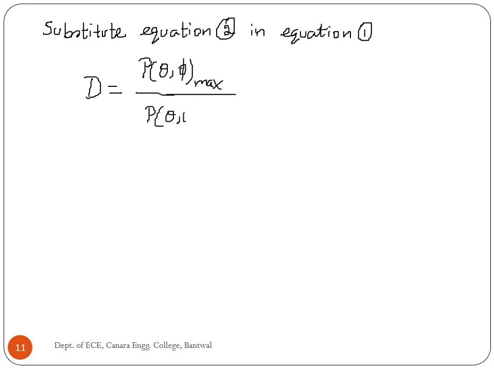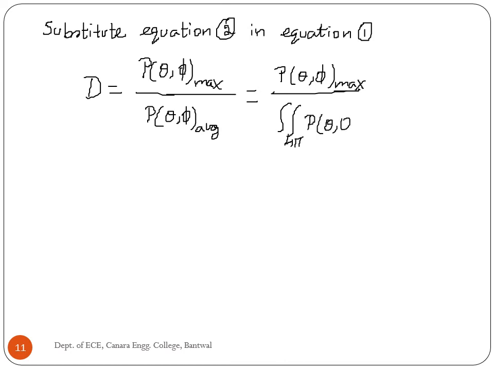This is the first equation. So the average power is substituted into the expression: integral of the power over a sphere into 1 divided by 4 pi.